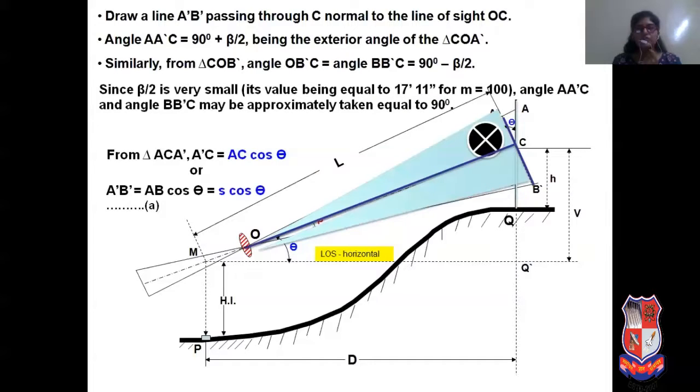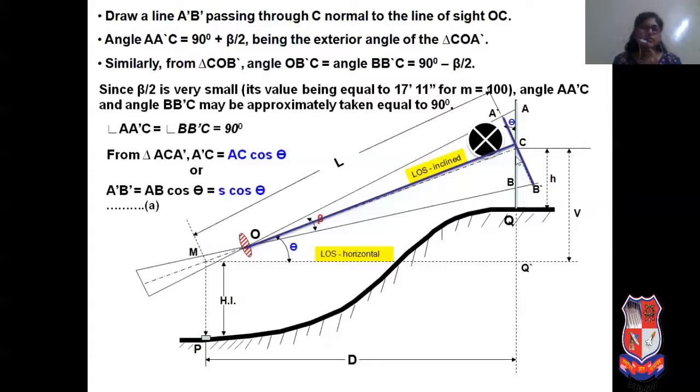Since beta by 2 is very small, its value being equal to 17 degree 11 minute for m equal to 100, the angles AA dash C and BB dash C may be approximately taken equal to theta. So from the triangle AA dash C, we can write that A dash C is equal to AC cos theta.